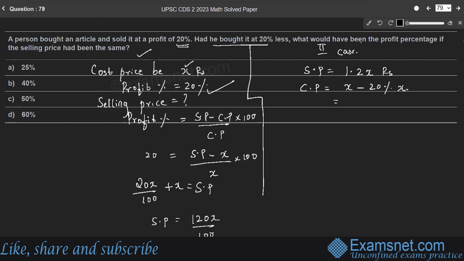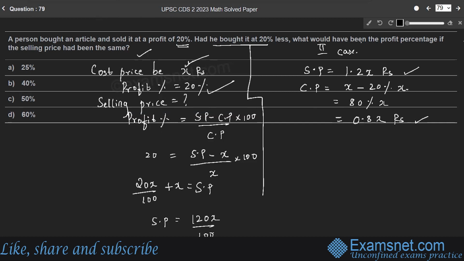That is 80% of x, which is nothing but 0.8x rupees. If he had bought the same item for 0.8x rupees and will be selling it for the same price, 1.2x rupees, what will be the profit percentage?